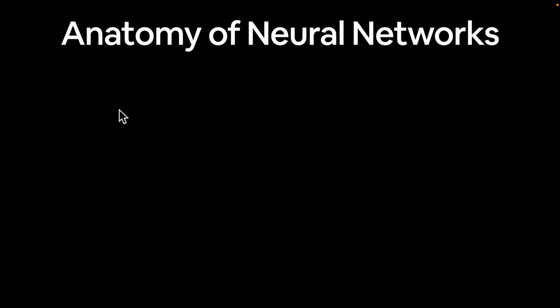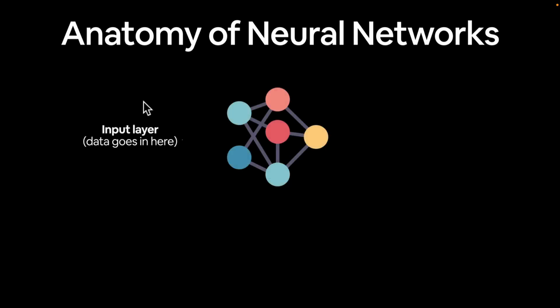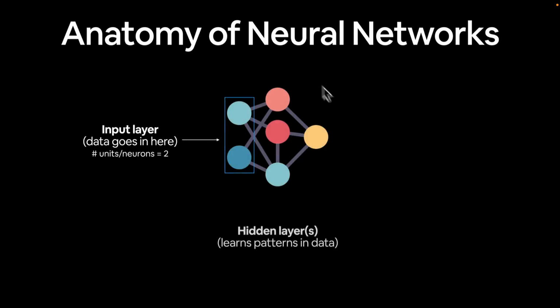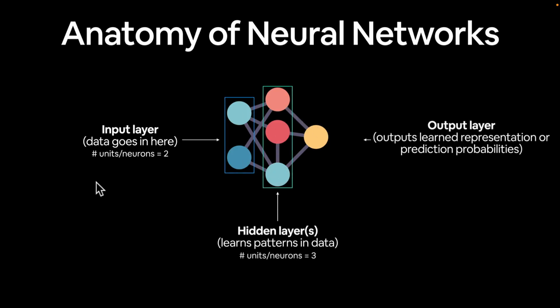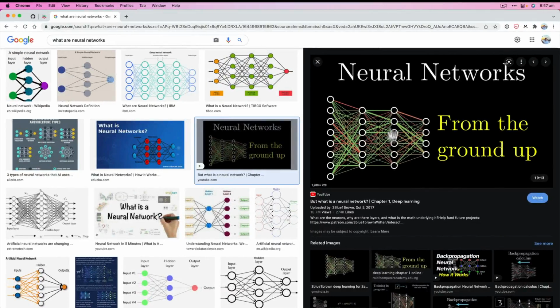And so let's cover the anatomy of neural networks. We've hinted at this a little bit already, but this is like neural network anatomy 101. Again, this is highly customizable, what this thing actually is. We're going to see it in PyTorch code later on. But the data goes into the input layer, and in this case, the number of units/neurons/nodes is 2. Hidden layers, I put an S here because you can have one hidden layer, or the deep in deep learning comes from having lots of layers.